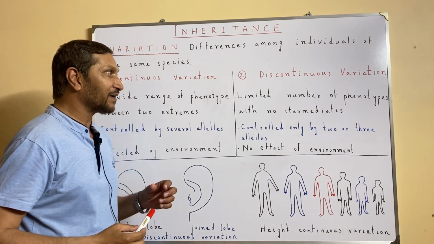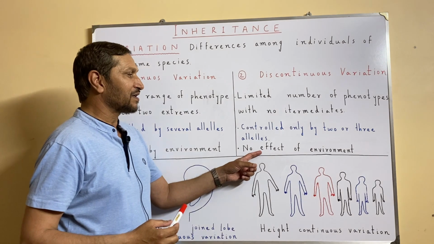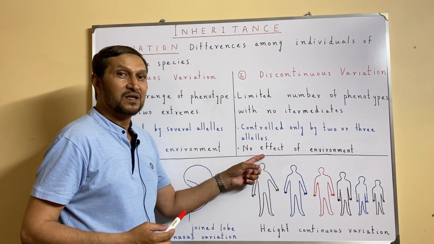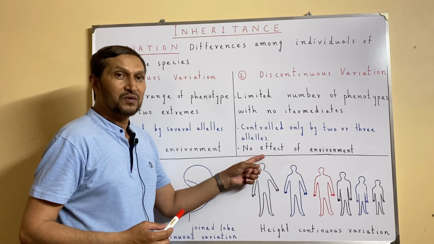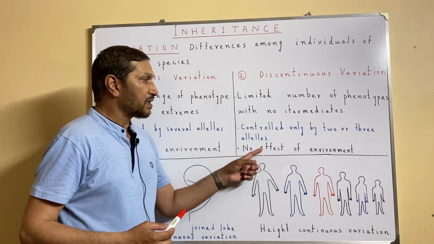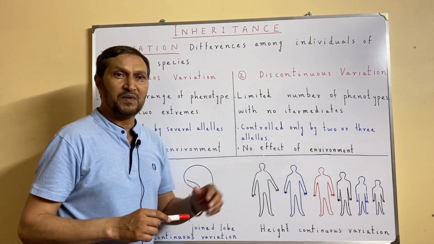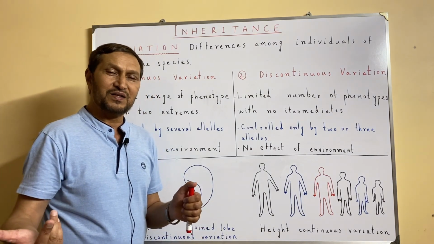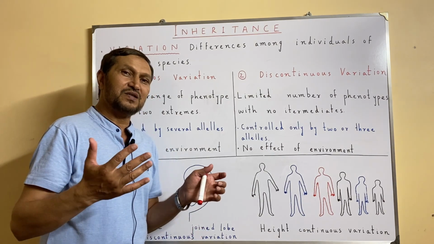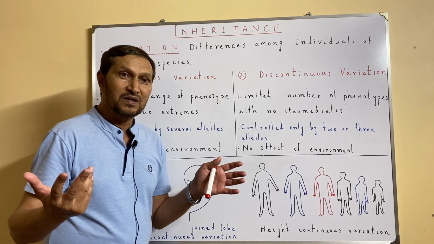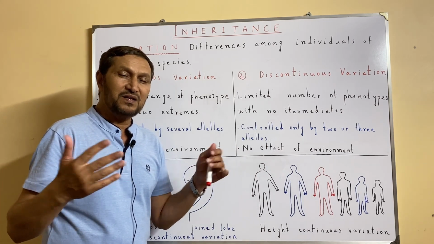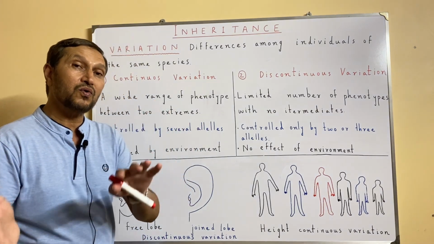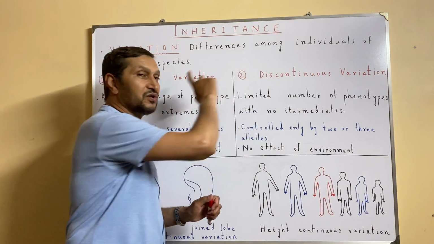On the other hand, discontinuous variation is not affected by the environment. For example, blood group has nothing to do with the environment. Whatever the environment is, whether the temperature is higher or lower, the diet or anything else, it has no effect on discontinuous variation.